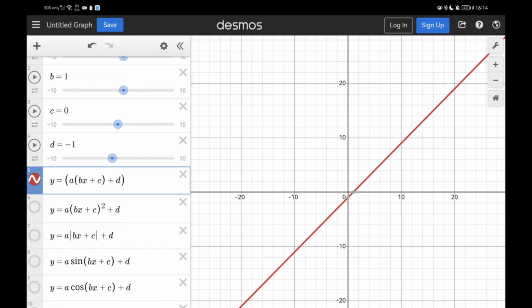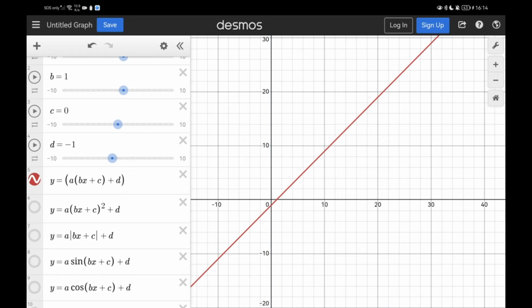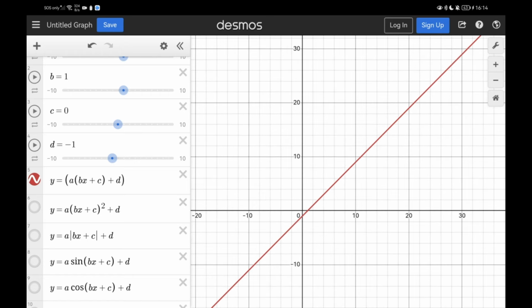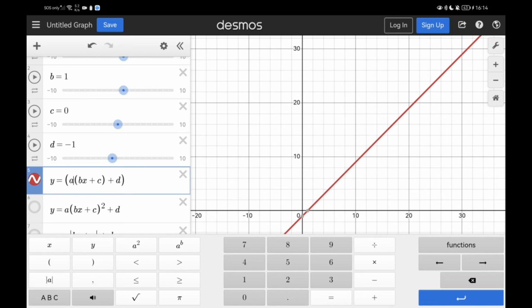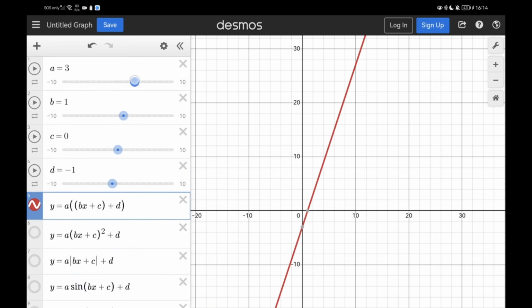So let's have the stretch. If I want to stretch parallel to the y-axis, I have to multiply the entire function by a. So let's say I change my a into 3 times.